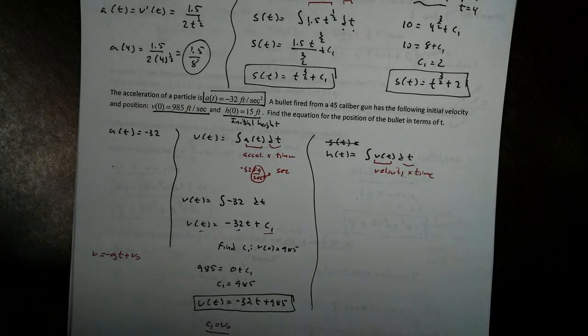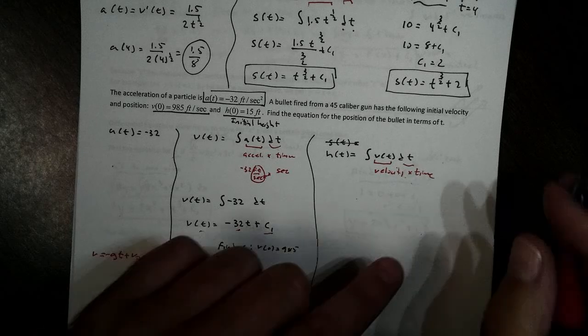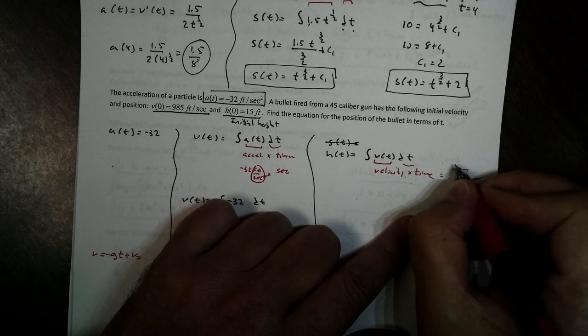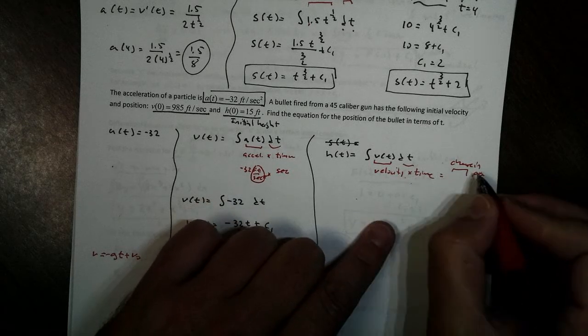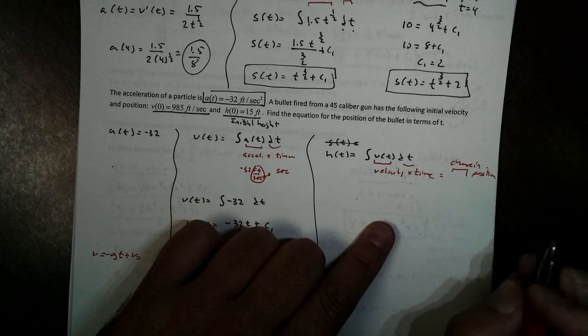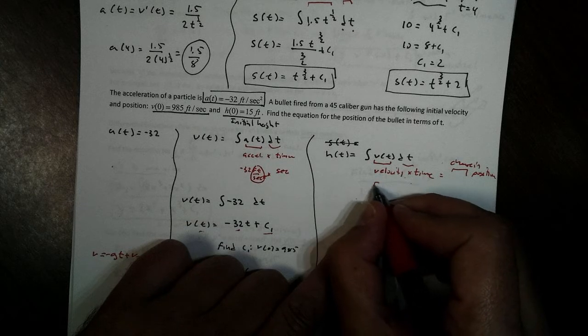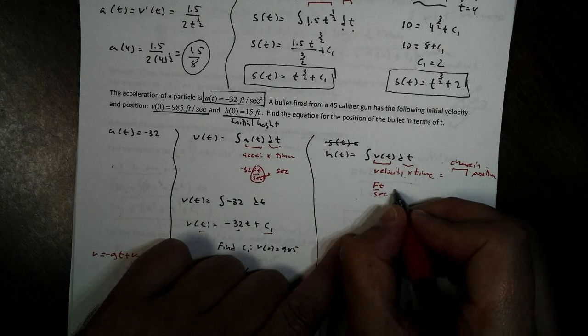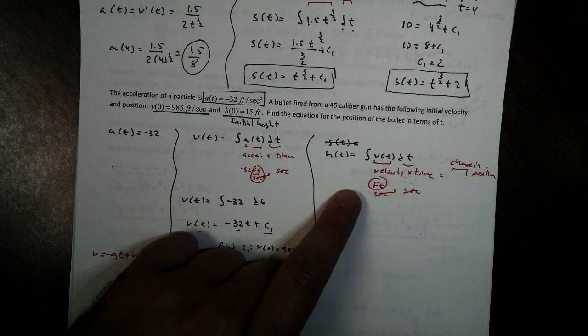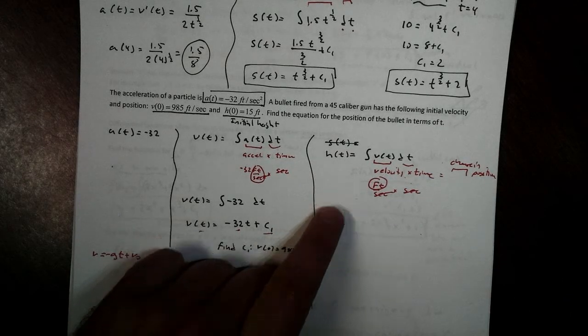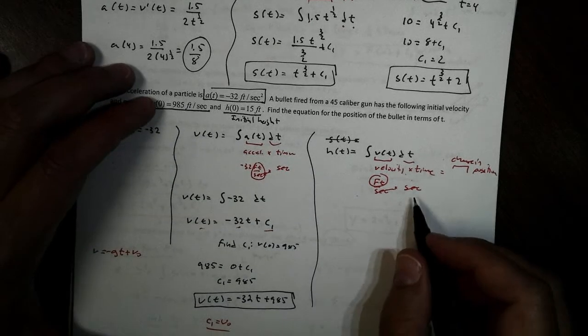Well, what is velocity times time but your change in position? Velocity would be, in this case, feet per second. Time would be in seconds. Those cancel. We're left with feet. So we like the units here.